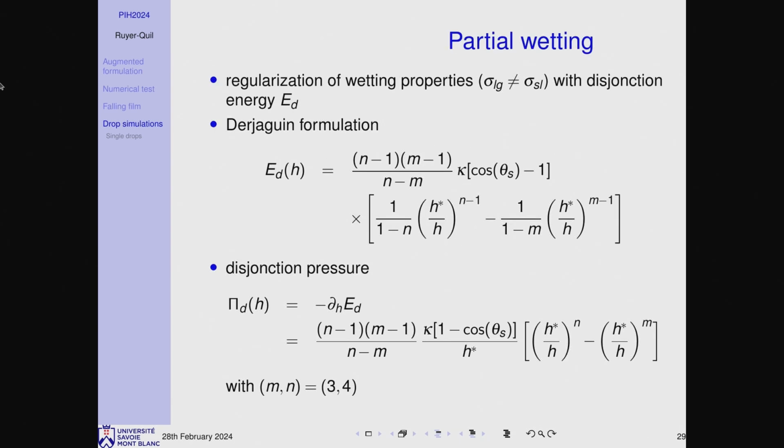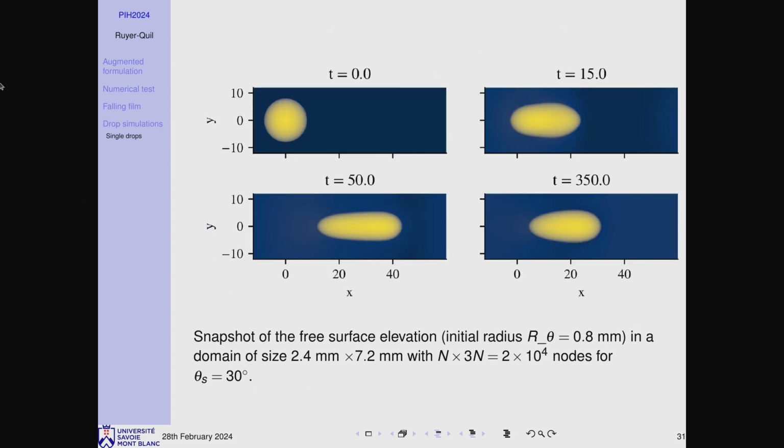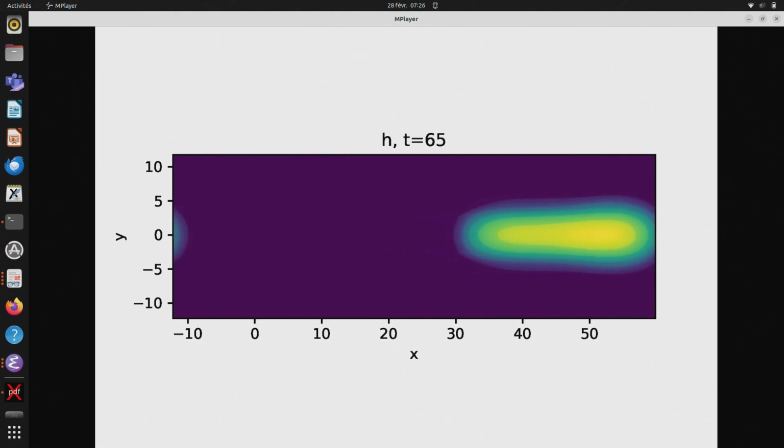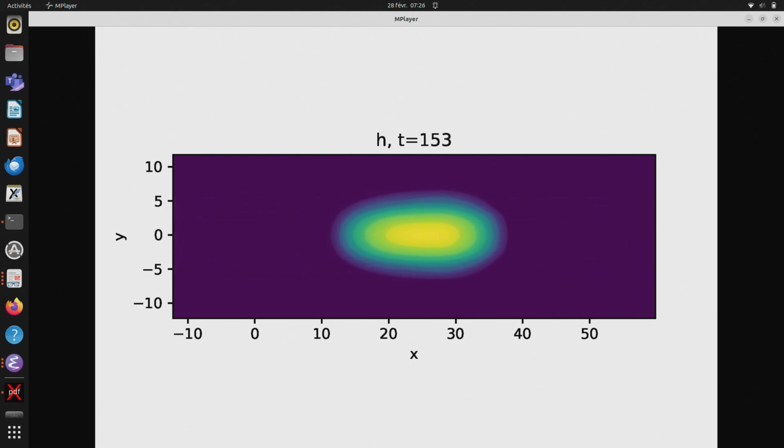I will skip the details, which are very classical, and show simply some numerical experiments where we have a sessile drop sheared, and you can see that the drop deforms and forms an elongated drop. So these are the simulations that we obtained.